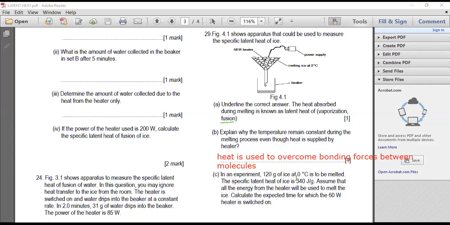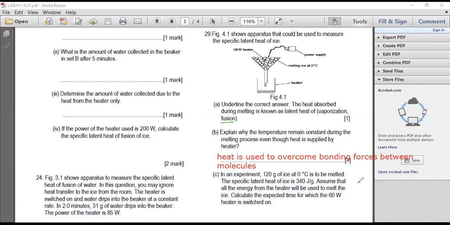Next, in an experiment, 120 gram of ice at 0 is to be melted. Specific latent heat of ice is 340 joule per gram. Assume that all the energy from the heater is used to melt the ice. So calculate the expected time for which the 60 watt heater is switched on.